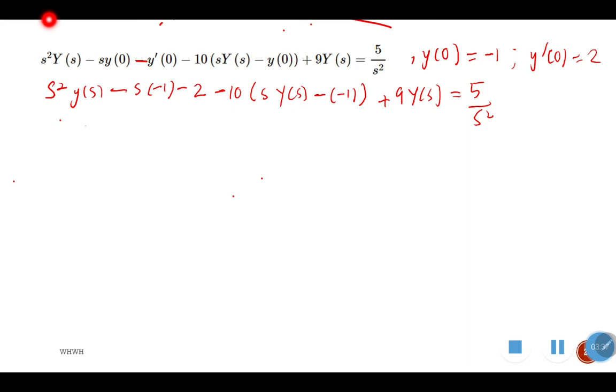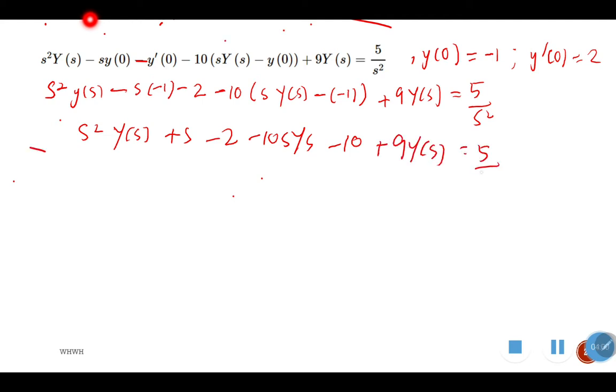From here we get s squared Y(s) plus s minus 2 minus 10 s Y(s), and then minus 10 times 1 here, so minus 10, plus 9 Y(s) equals 5 over s squared. Next, factor out all the terms with Y(s). So we get s squared minus 10s plus 9 times Y(s).